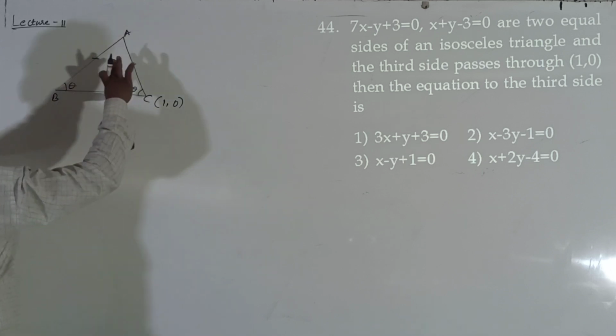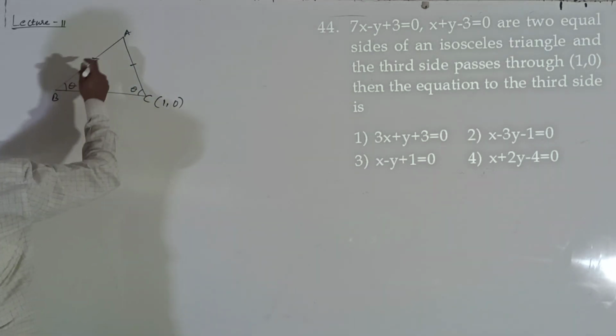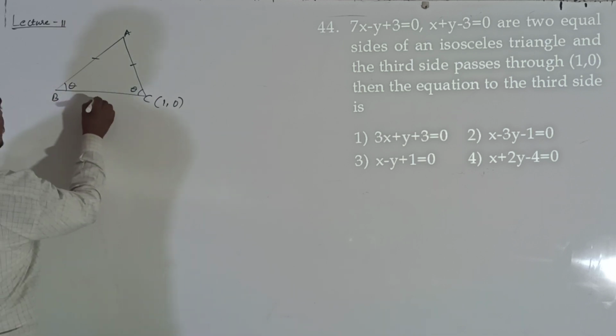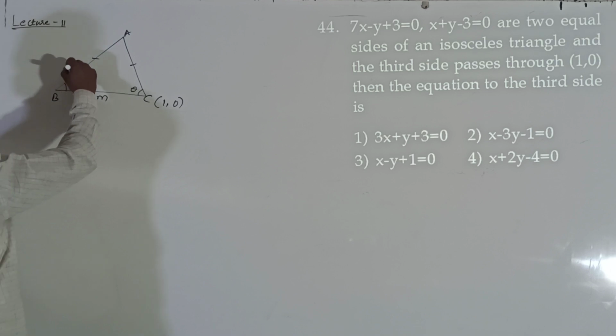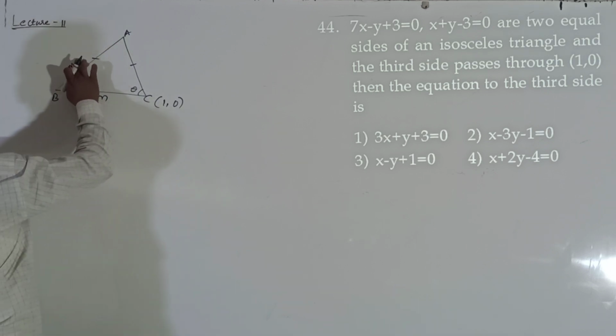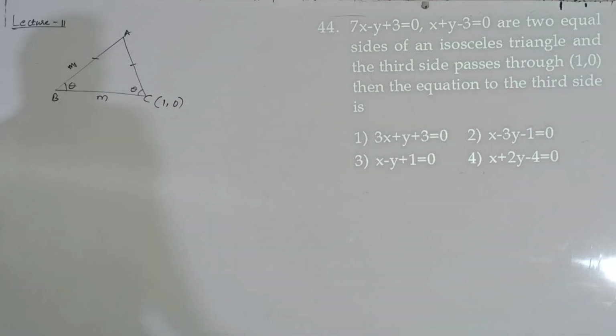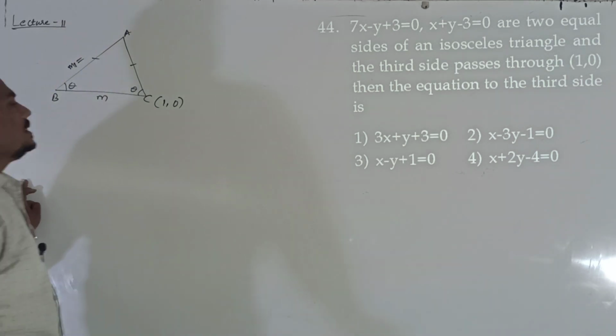The equations of AB and AC are already given. Then can you tell me the slope of this? I will take the slope of BC as m, and the slope of this line I will take as m1. What is the slope m1?